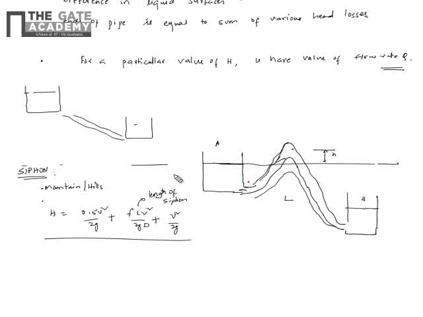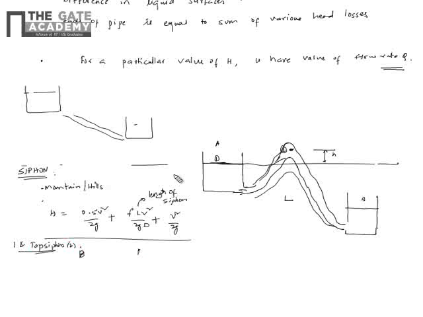Apart from this, what else matters is when you are going from point 1 to point 2, the top of the siphon. Let's apply the Bernoulli equation between 1 and the top of the siphon, point 2.